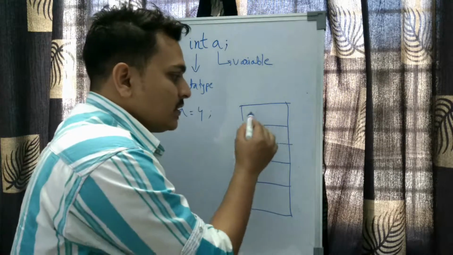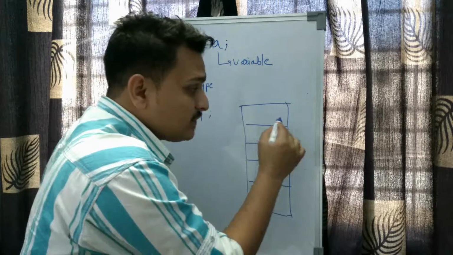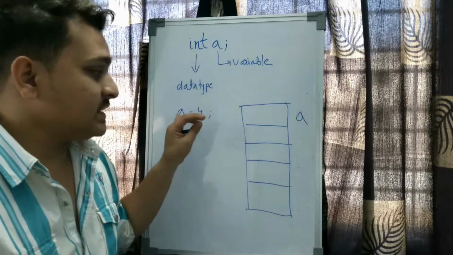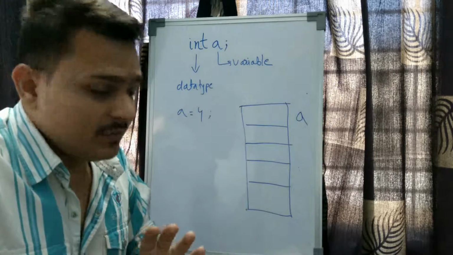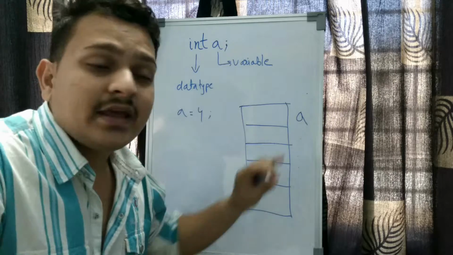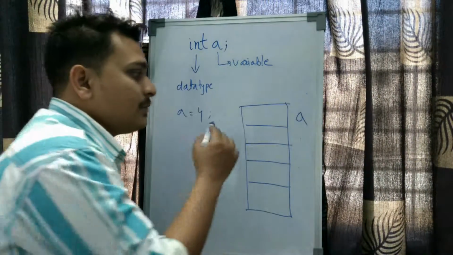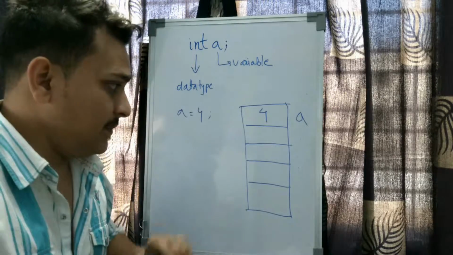It makes a compartment in memory, takes a part of the memory and gives it a name. Suppose the name we have assigned over here is integer a. Then it took some part of the memory and gave it the name a. And then it puts the number into this part of the memory.